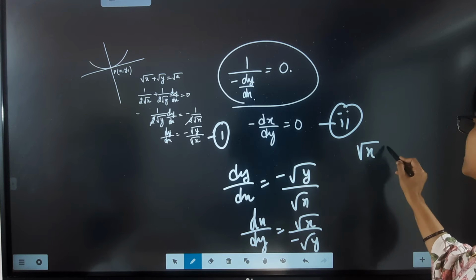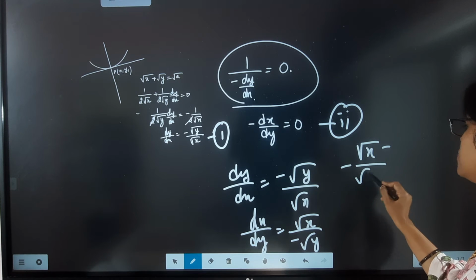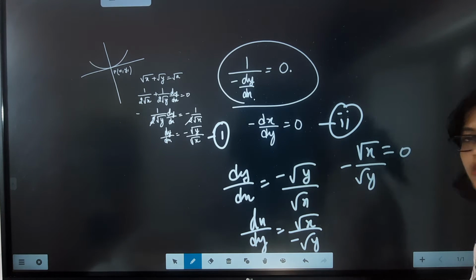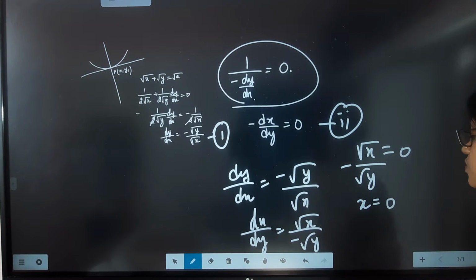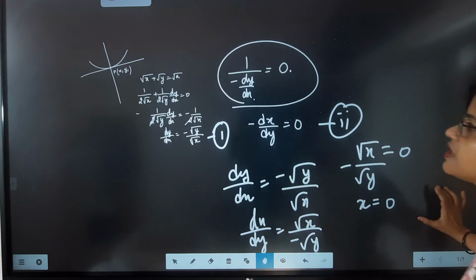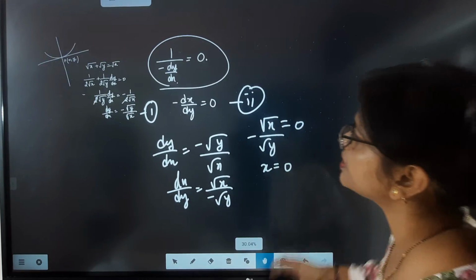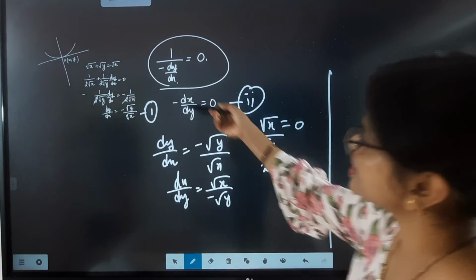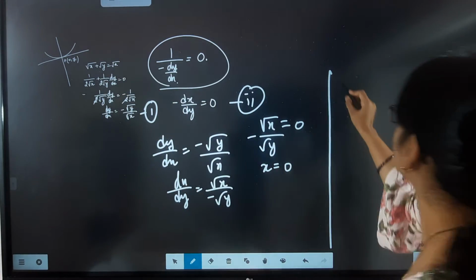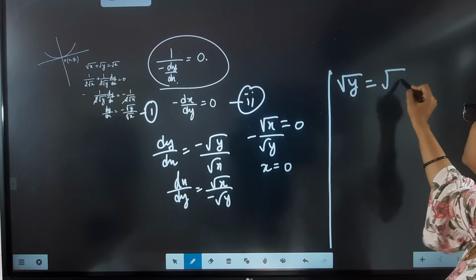So root under x by minus root under y is equal to 0. Multiplying, x is coming as 0. The moment x is 0, let's check the value of y. Root under y will be equal to root under a.